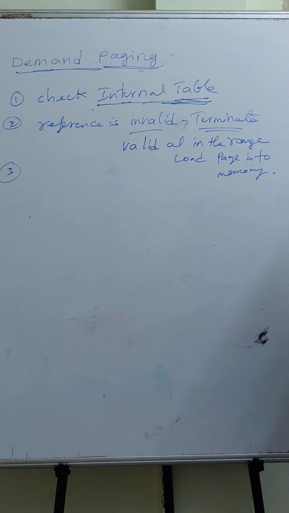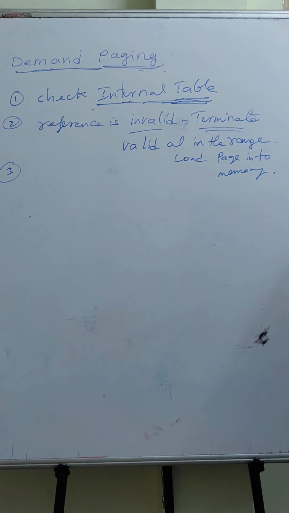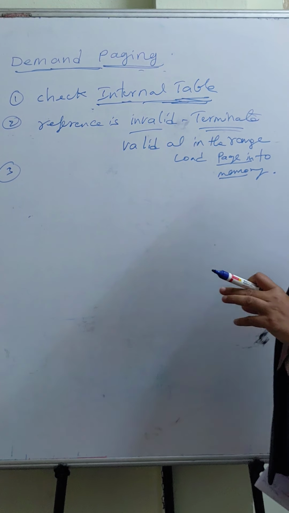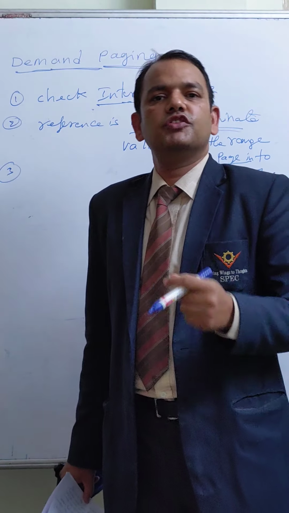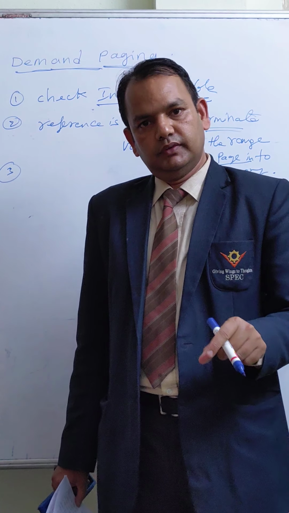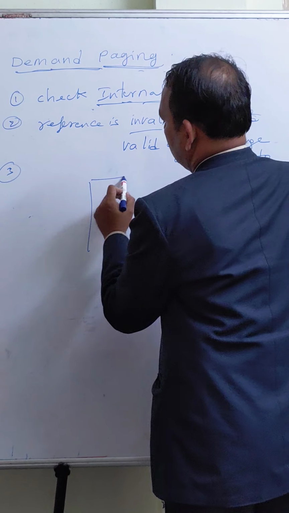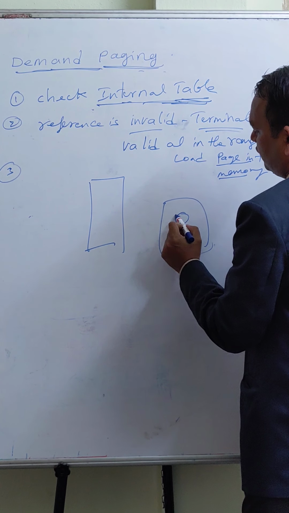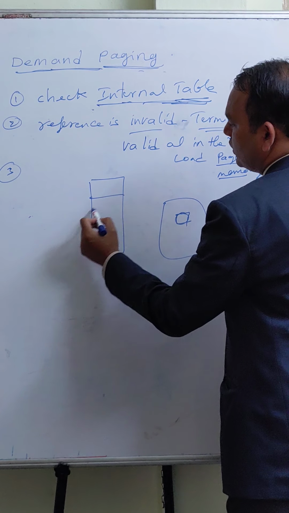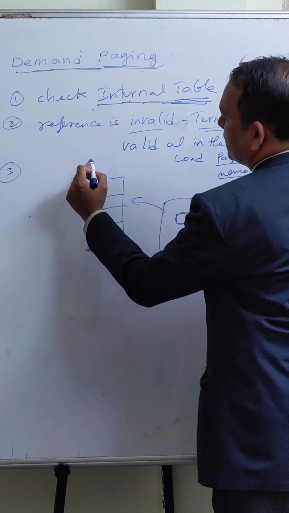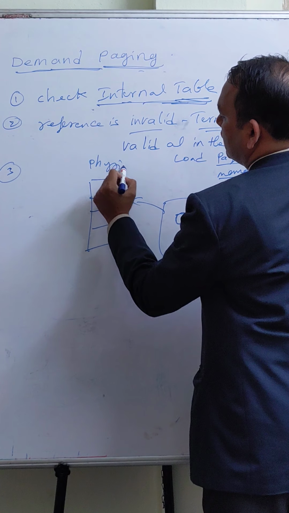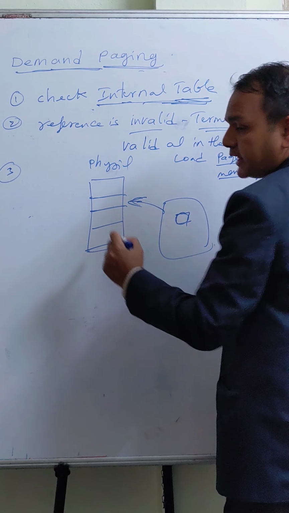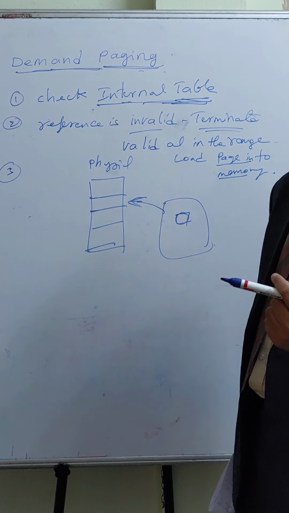Next, point 3, find a free frame. After finding a particular page, we need to find the free frame in the physical memory. Physical memory, this is secondary memory. Suppose a particular frame is there, we need to load it into physical memory. We have to see, suppose this is free.